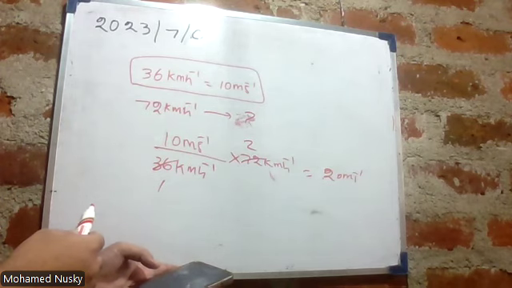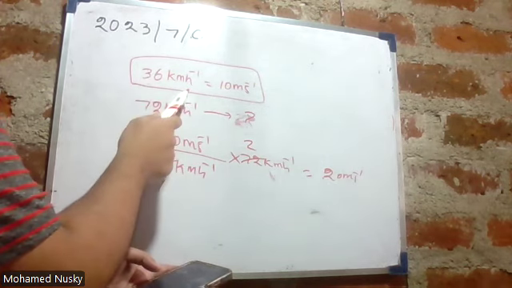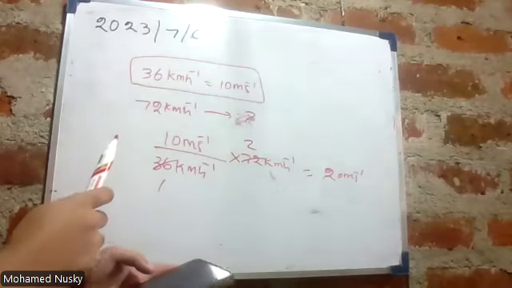That is what you should do. Always remember this: 36 kilometer per hour is 10 meter per second.